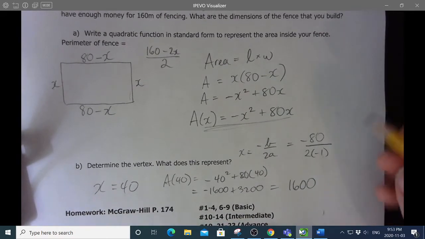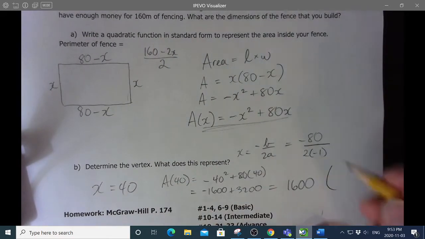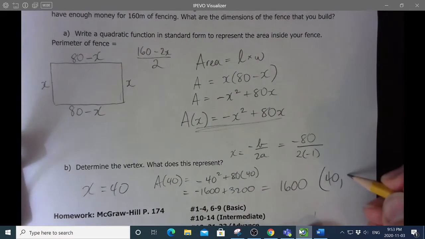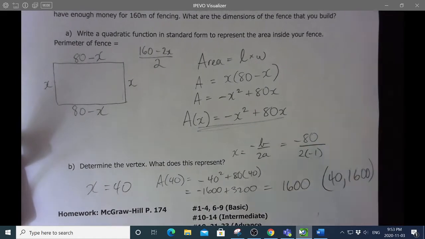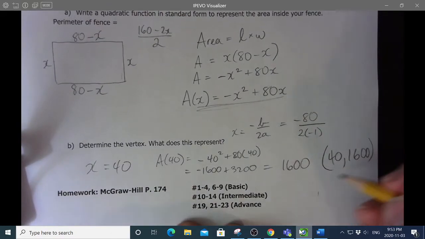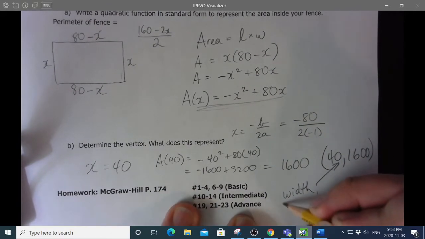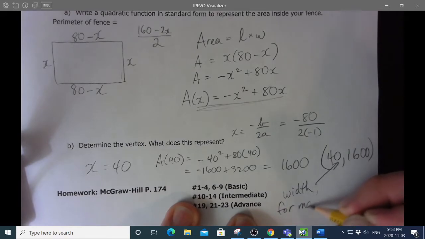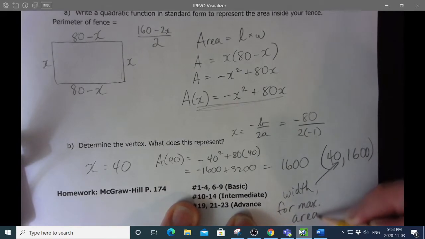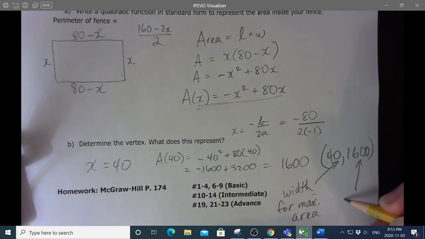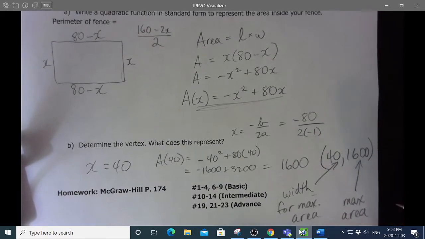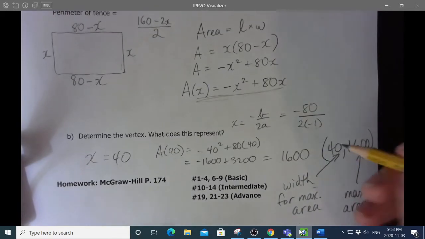So my vertex is x was 40, and y, or A in this case, was 1600. And what it asked me, what does this represent? Well, that represents the width that will give me a maximum area. And this, of course, is the maximum area, because remember, the vertex is where the maximum is when I graph this thing. So there we go.